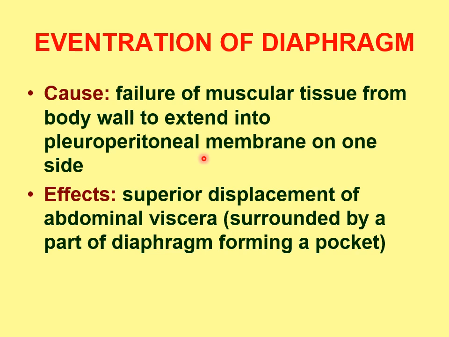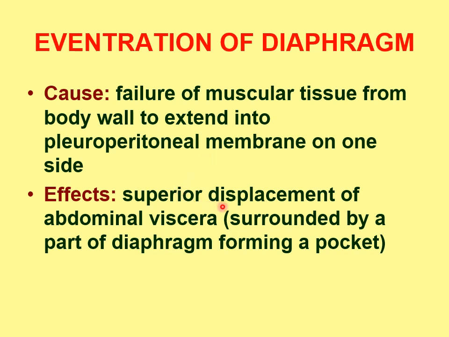So this is not a complete herniation, rather the ballooning of the membranous pleuroperitoneal membrane, making a balloon-like structure with the abdominal viscera.